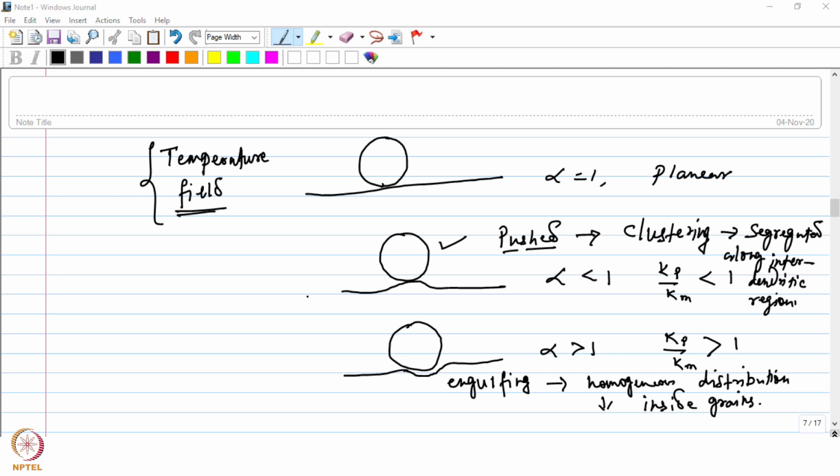So it's about this radius of curvature that you have along the interface, whether it is convex or concave, that is going to decide the distribution of the particles. So let us probe a little more into what this radius of curvature is and how it is related to the interaction between the solid-liquid interface and the particle.